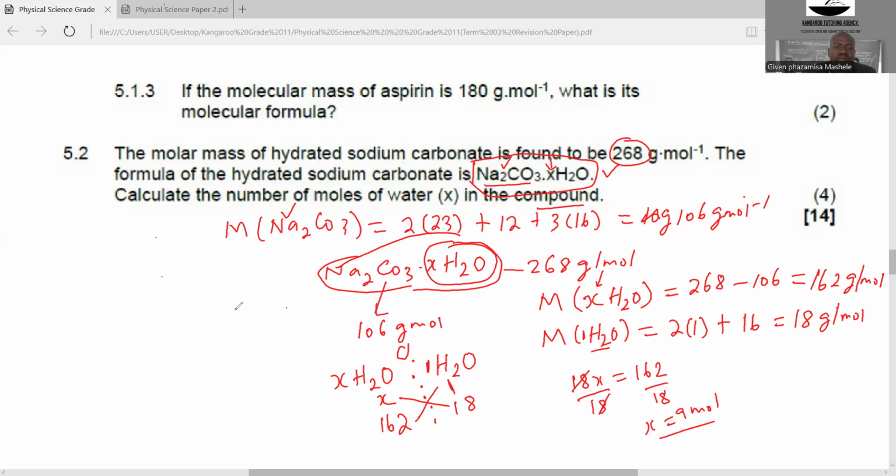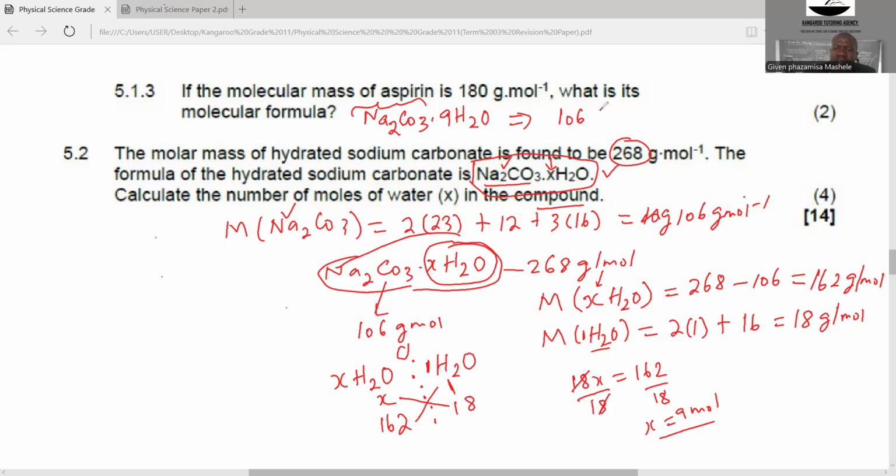And to confirm that, where there is x, we can substitute it with 9. So the hydrated sodium carbonate will be like this. Let's calculate the molar mass of this. We know the molar mass of this one, we've calculated it: it's 106.